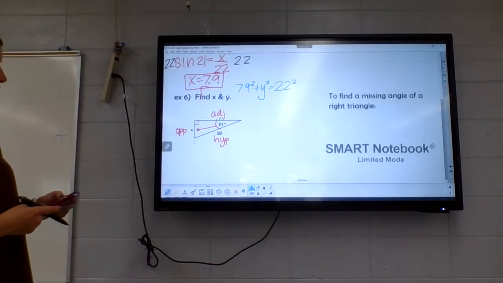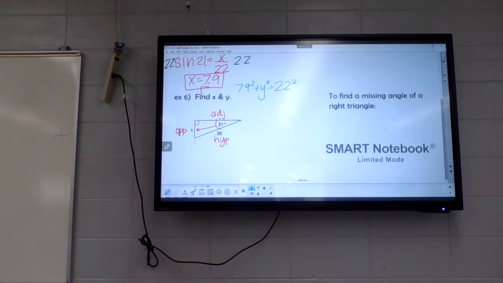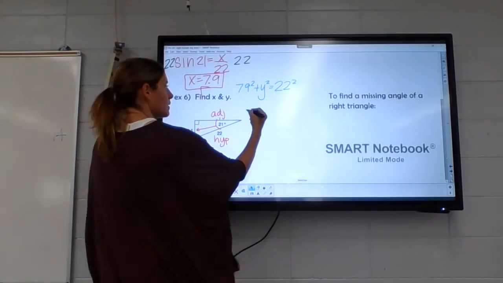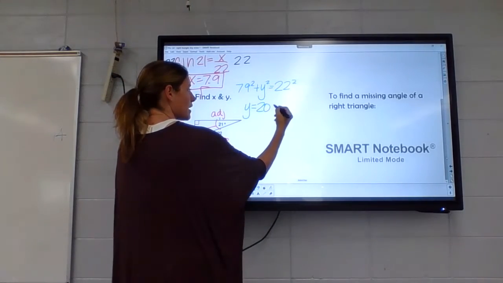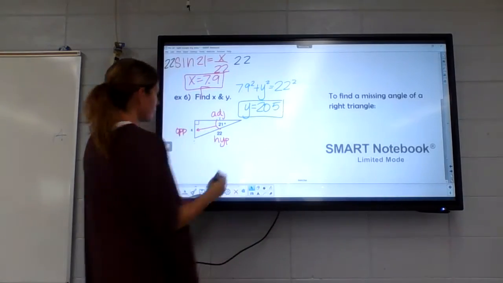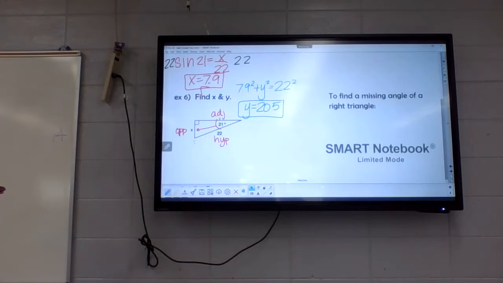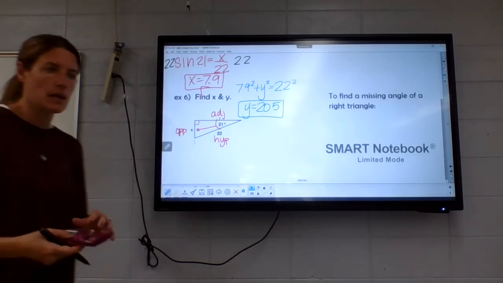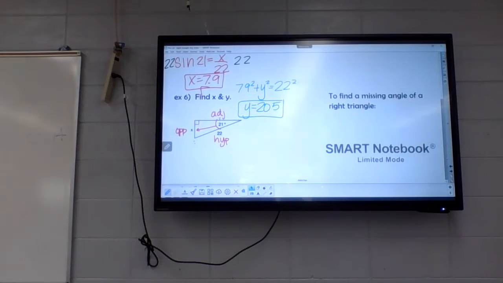I got like 20.5 for my y. But again, it depends on your rounding, so try to be careful with that. So yeah, 20.5 seems like, regardless of how you round, you should be pretty close in that ballpark there.